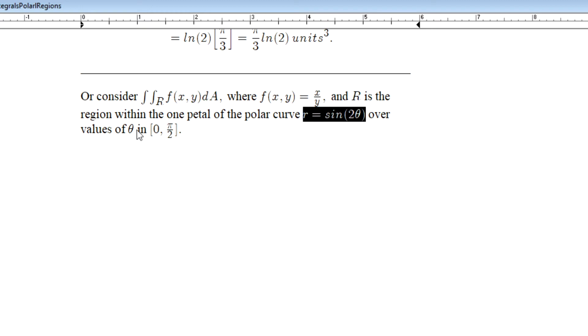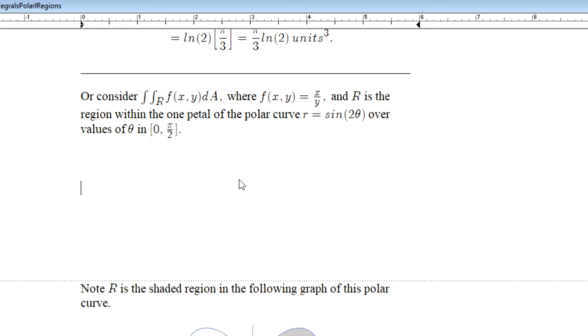Which is going to occur over values of theta, and I did help out a little bit here in denoting that this one petal is going to occur over values of theta from 0 to pi over 2. Now, with that description of theta and this description of our curve, you could use your techniques from Calc 2 to describe that region of space and come up with a graphical description.